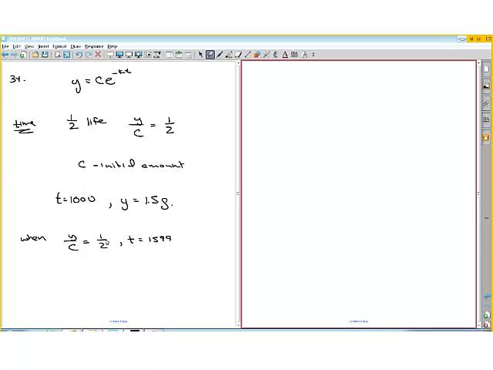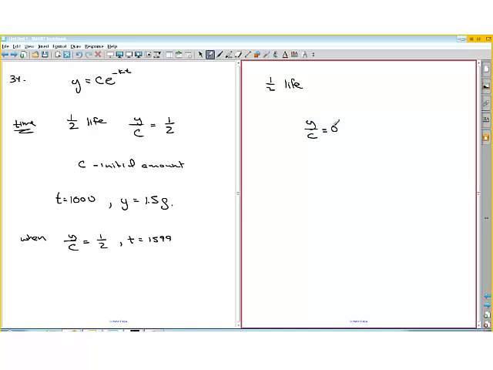So how do we use these two things? Well, we're going to use this first to find k, and then we can use this to find c, and then once we have the equation, we can plug in and get the rest of the stuff. So the first thing is to use the half-life.